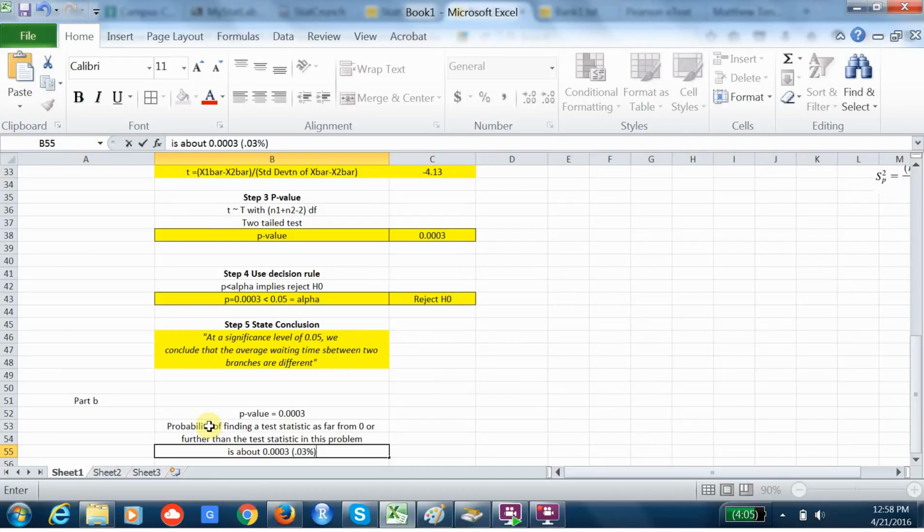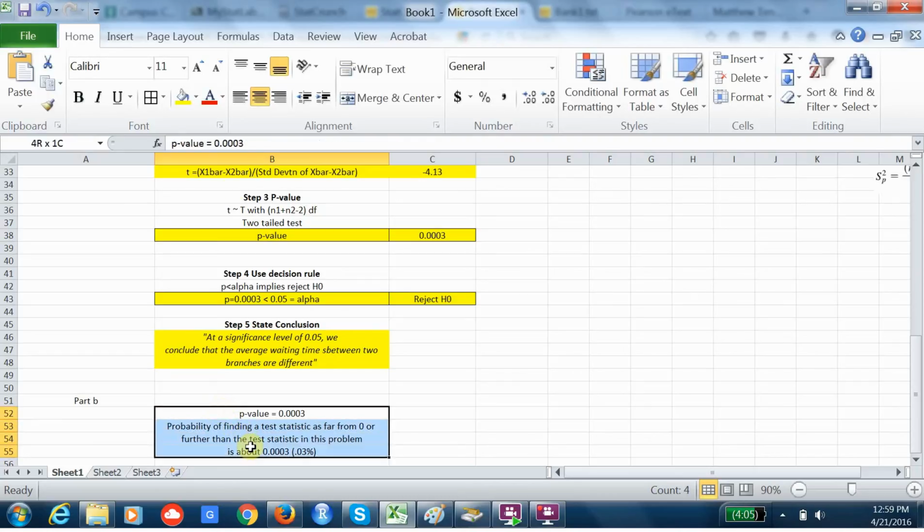In other words, it's very unlikely to find a test statistic this extreme. Notice that we said as far from 0 because with a two-tailed test, it could be on either side. If we had had a test statistic of positive 4.13, we'd have the same p-value, right? So that's our answer for part B.